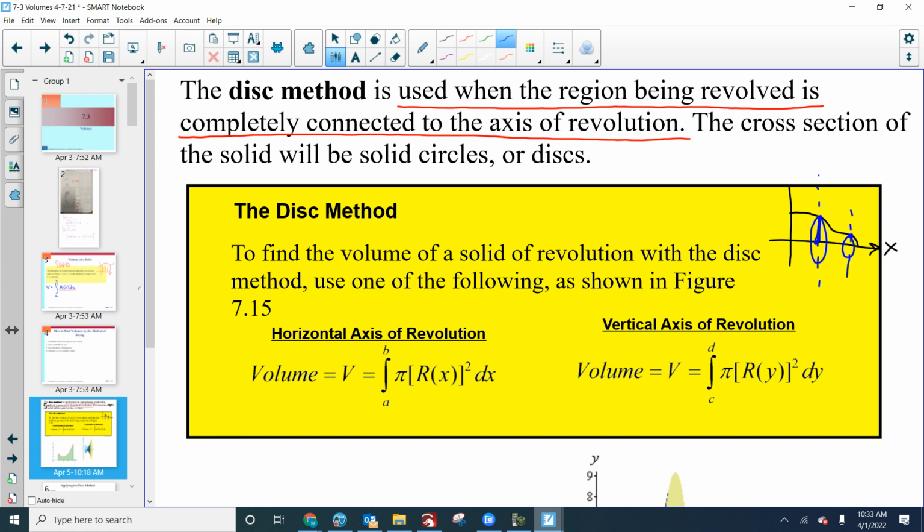If this black thing right here is my function, isn't the radius the height of the function? Because it's attached to the x-axis. Isn't this bell completely attached to the x-axis? You see what I'm saying there? Because isn't the x-axis the thing it spins around, right? I mean, it's opening on that axis. Does that make any sense?